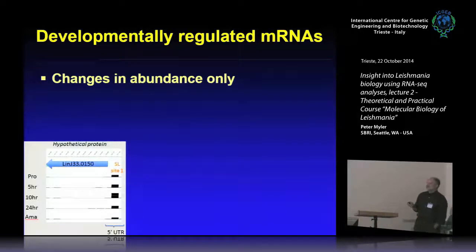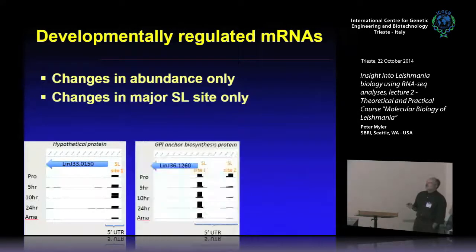So it seems to go up in abundance and then come back down again. So it's transiently upregulated. There are some genes where what happens is that you get no change in the total number of reads, but you're changing the splice site that's used. So in this case here, in promastigotes, both of these sites are used at about equal abundance. In fact, splice site 2, this one here, is actually used more than splice site 1.